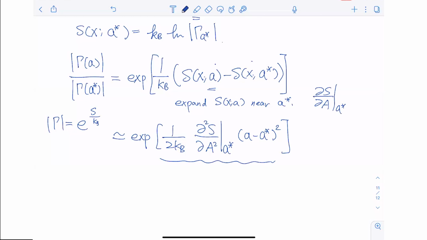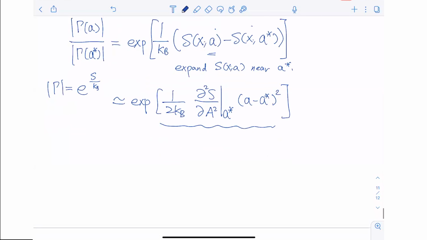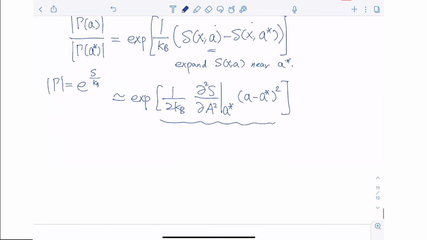By definition it is equivalent, so this thing is 0. So we don't have the linear order contribution. The only contribution left at the leading order is the second derivative of entropy with respect to this observable A. Okay, so now you should feel very familiar with the following argument.